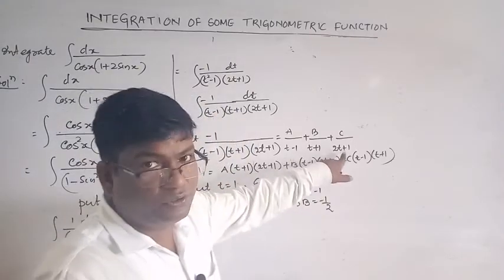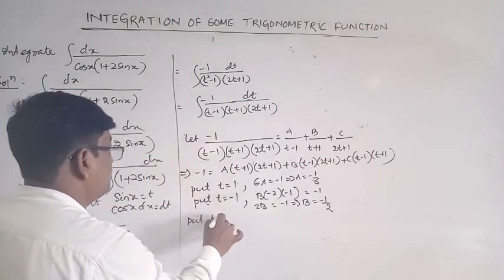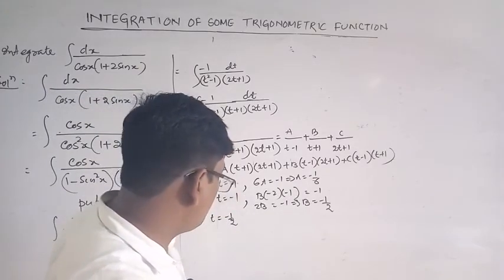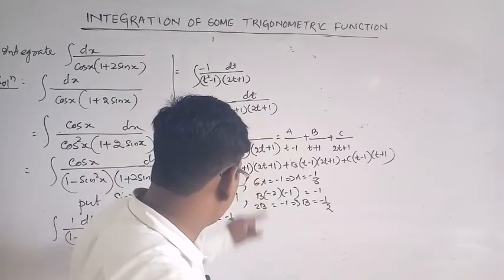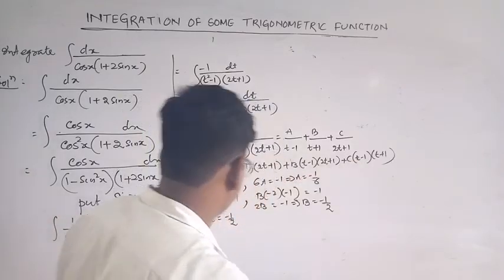Again, make this term 0. So put t is equal to minus 1 by 2. If t is equal to minus 1 by 2, what happens? This term is 0, this term is 0, and c remains.